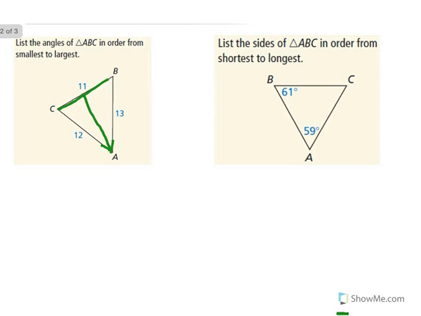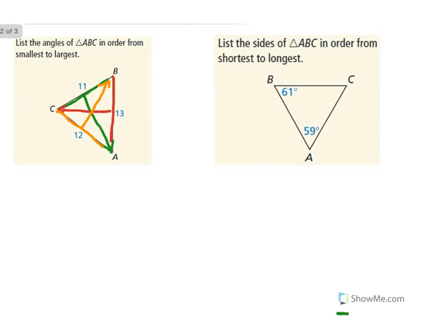We know that side BA is 13, and it is directly across from angle C, so we know that side BA goes with angle C. Then we have side CA. It is 12. It is directly across from angle B, so it goes with angle B.